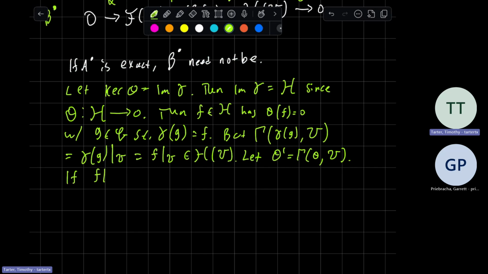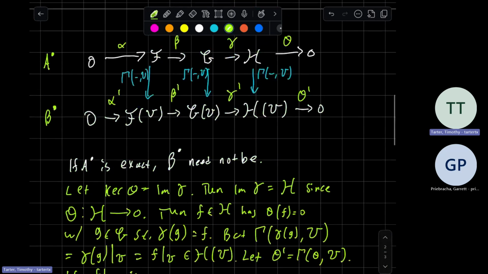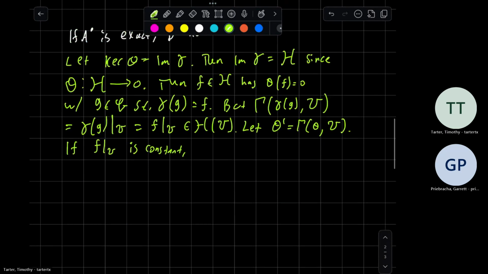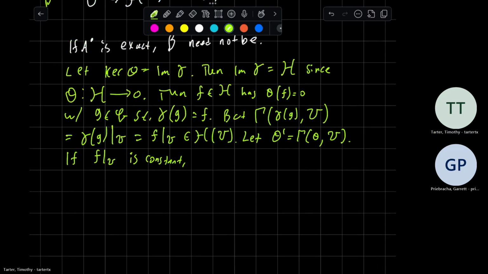If f restricted to U is constant and non-zero.